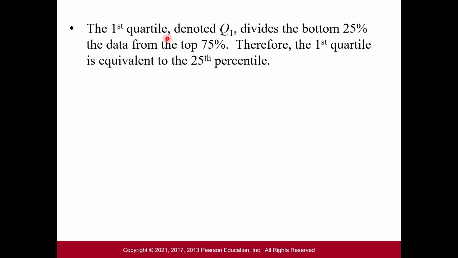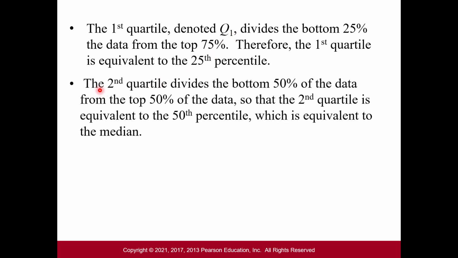So the first quartile, denoted Q sub 1, divides the bottom 25% from the top 75% of the data. And so you can say that the first quartile is equal to the 25th percentile. So you could say Q sub 1 equals P sub 25. The second quartile divides the bottom 50% of the data from the top 50% of the data, this is the median.